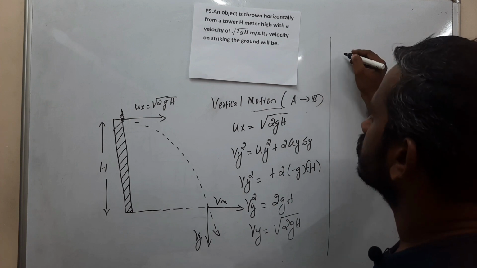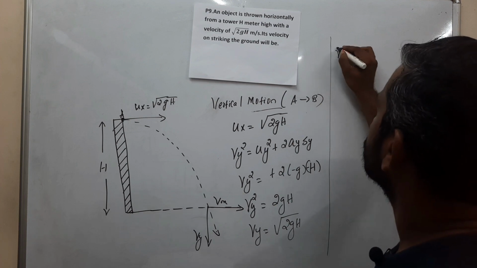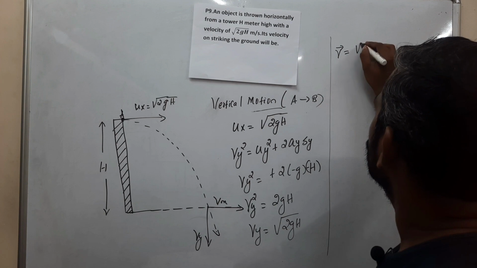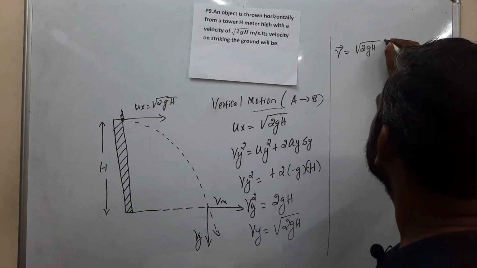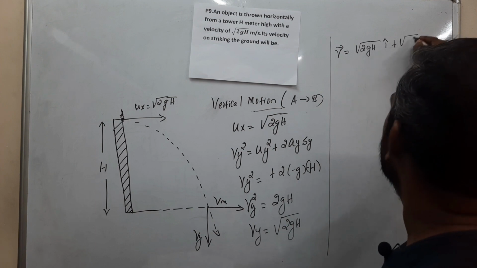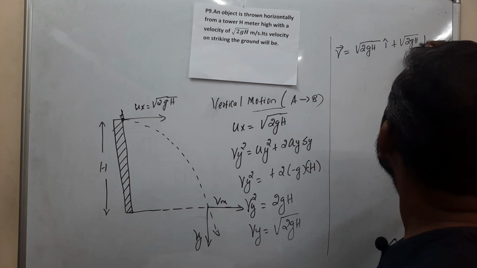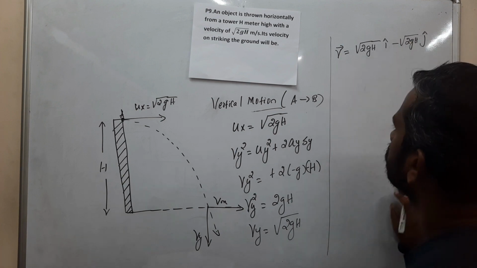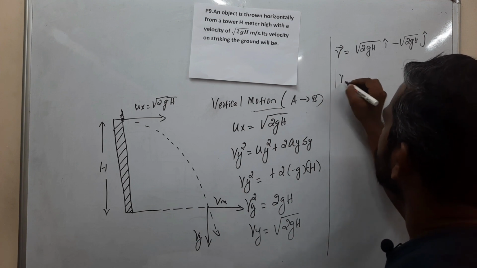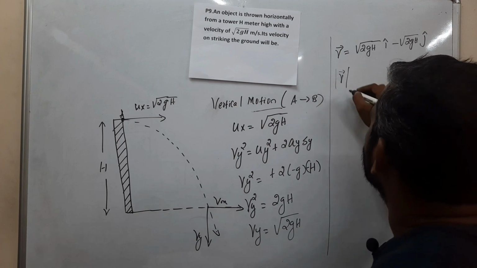So what is the velocity vector? Its velocity v vector is equal to root of 2gh i cap plus root of 2gh j cap, where j is the negative direction, so minus. So what is the speed, or magnitude of the velocity?